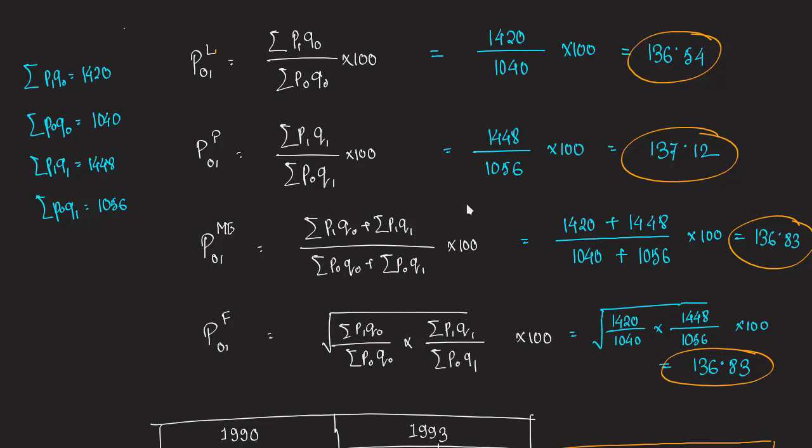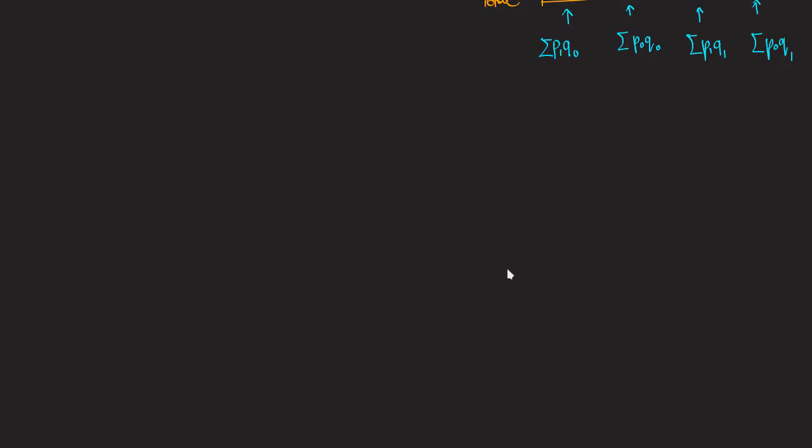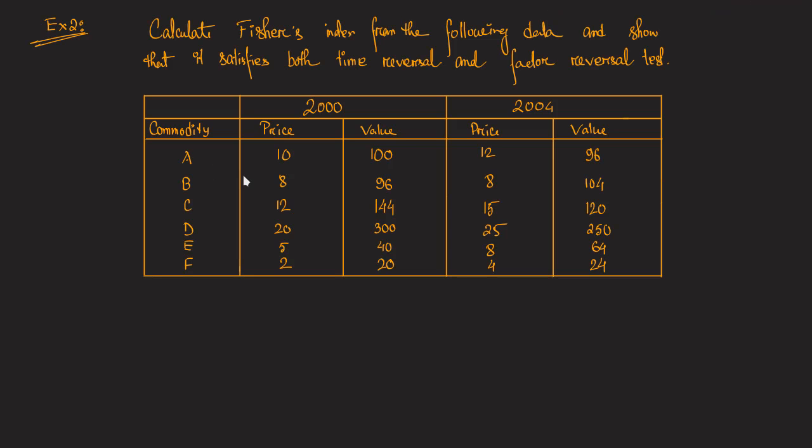Okay, so let's take another example, where we will use the concept of factor reversal and time reversal also. Let's take another example. Suppose we have to calculate index numbers, and there are two time points, 2000 and 2004. So obviously 2000 will be the base period and 2004 will be the current period.